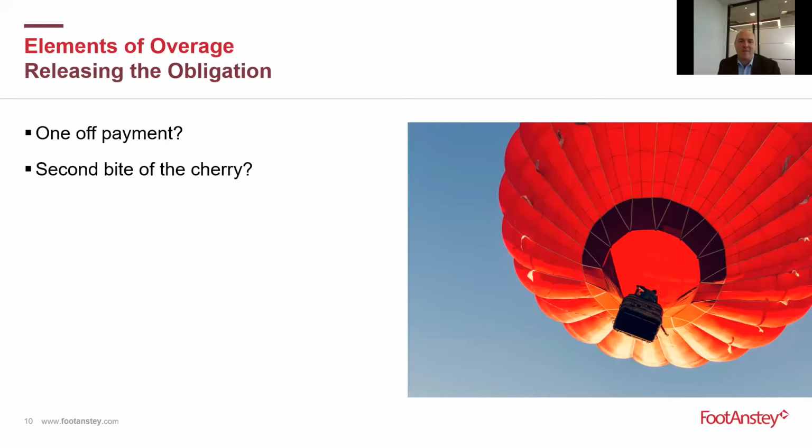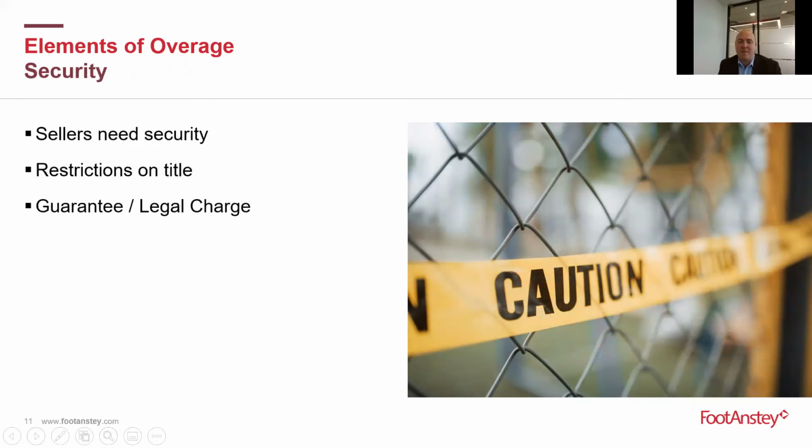If a developer obtained planning permission to construct 100 plots on the property, then an overage payment would be made under a planning overage. But then in 5 years' time, the developer obtained a second planning permission permitting another 50 or 100 units. Then in most cases, the seller will want to ensure that overage is paid on each planning permission. So we just need to think about when it's going to be released, how it's going to be released, and the mechanisms for that.